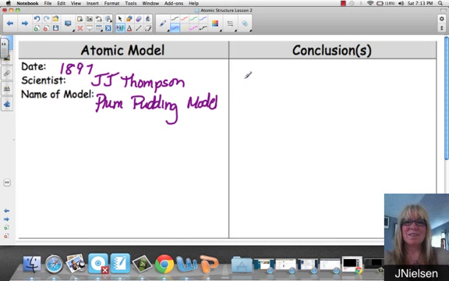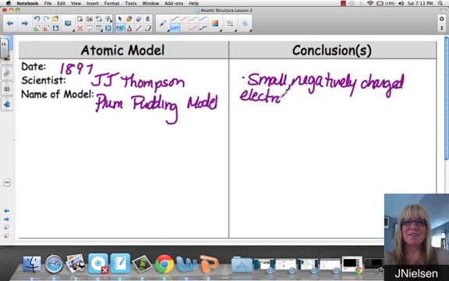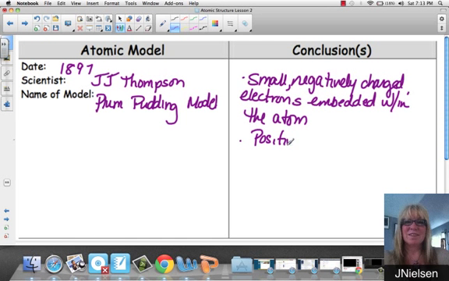And conclusions from that were that there were small, negatively charged electrons embedded within the atom, and the positive charge was dispersed evenly.